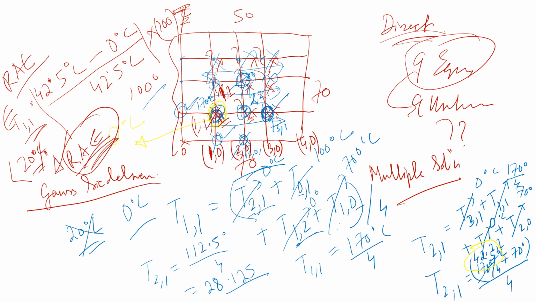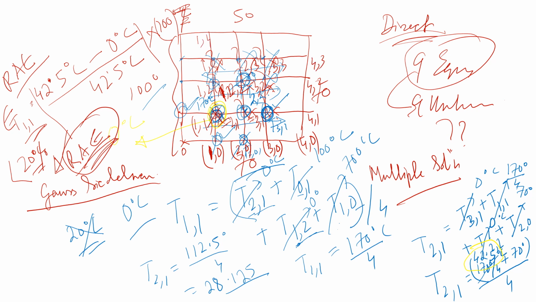So this is 1 1, this is 2 1, this is 3 1, this is 4 1. Then you move to that point, this will be your 1 2, 2 2, 3 2, 4 2. Then move to this point, this will be your 1 3, 2 3, 3 3, 4 3.